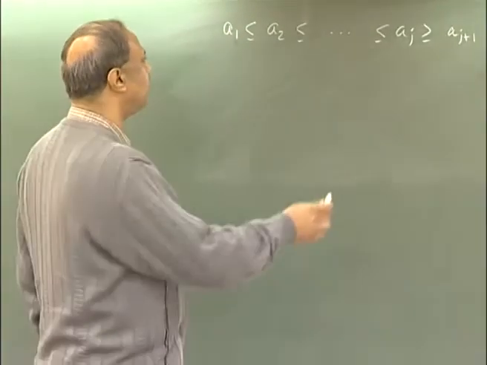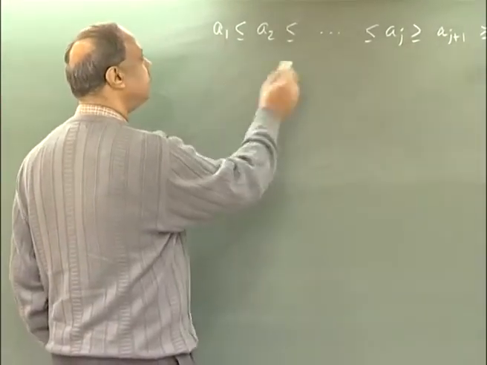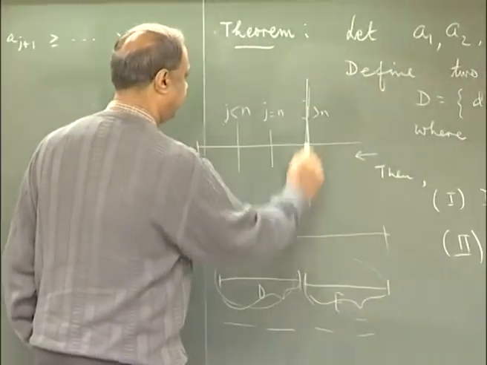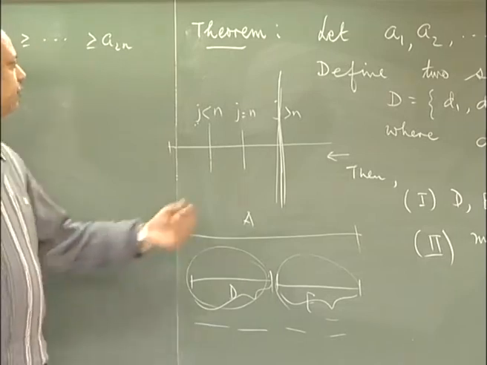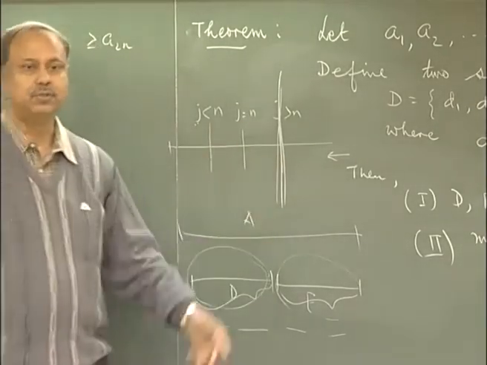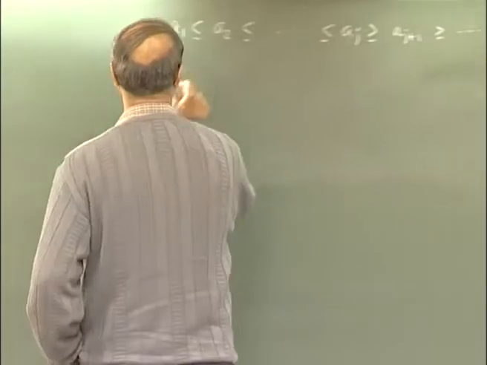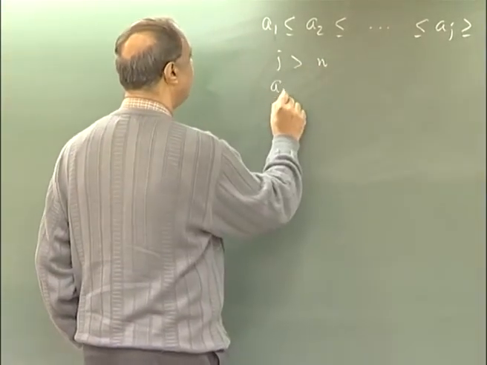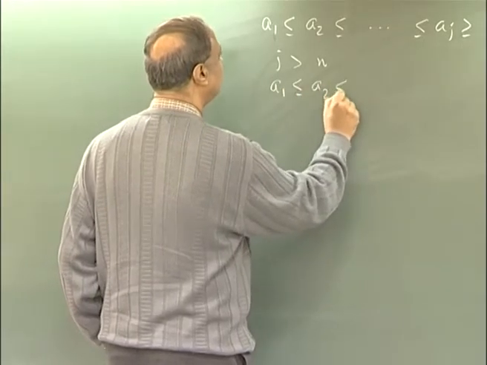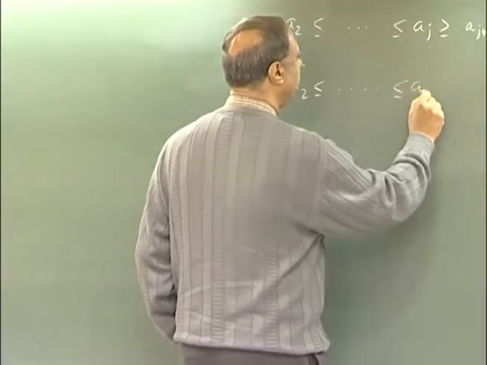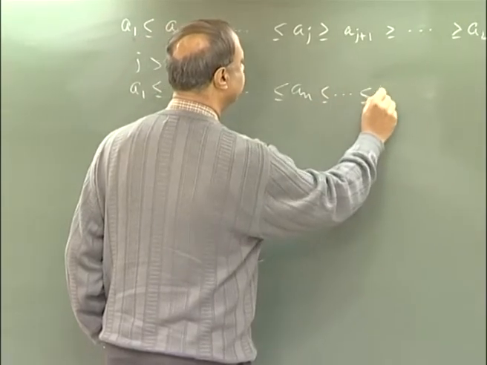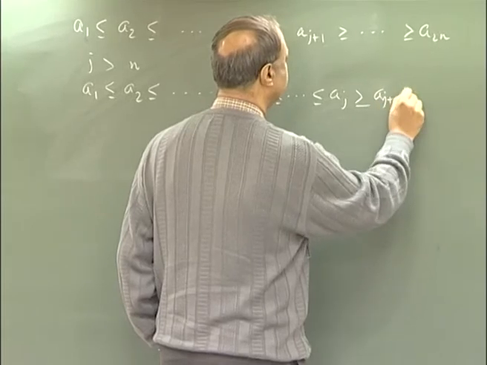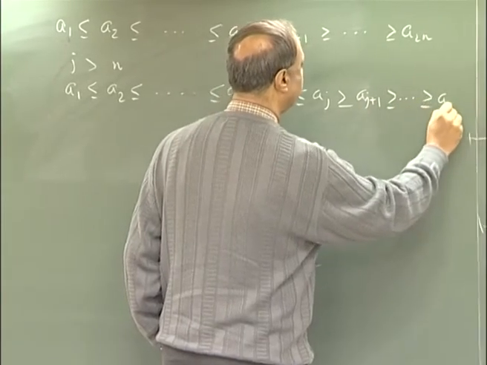So without loss of generality, we assume that j is greater than n. If I can show this, the other one you can show as well. So you have a1 less than equals to a2 less than equals to ... an less than equals to ... aj greater than equals to aj plus 1 greater than equals to ... a2n.